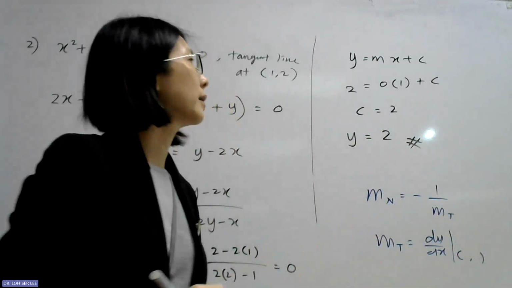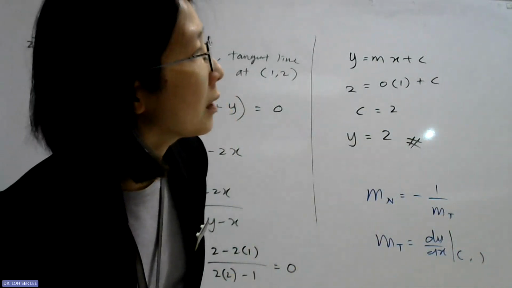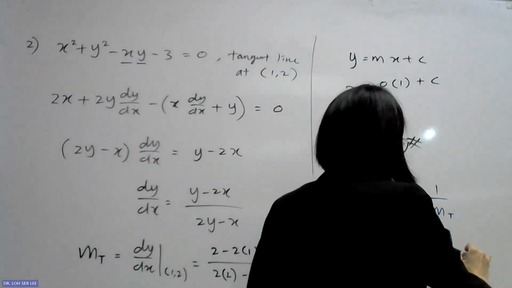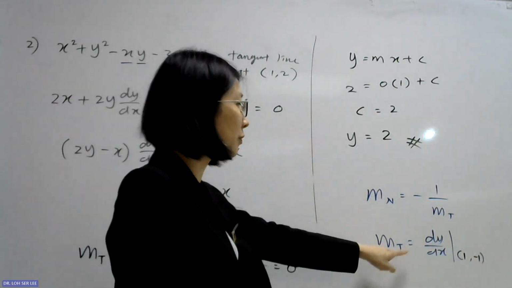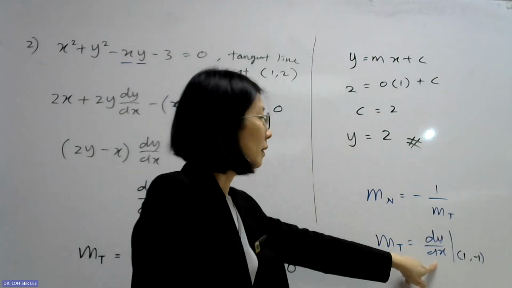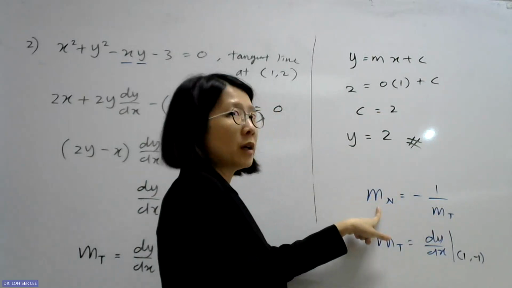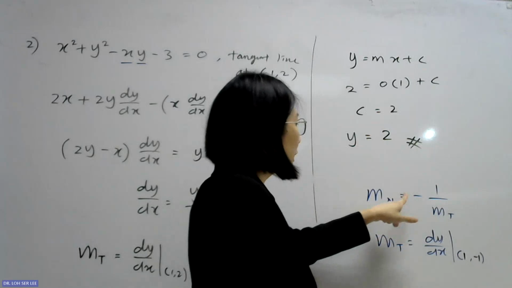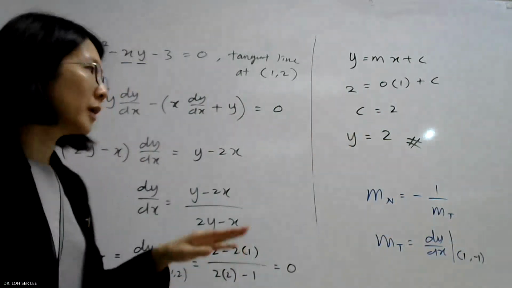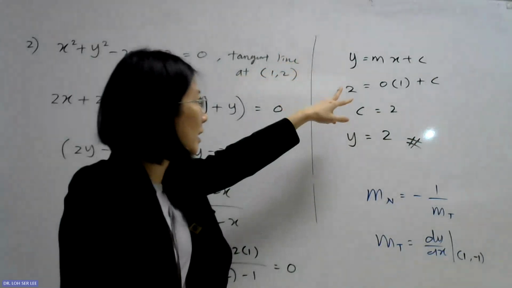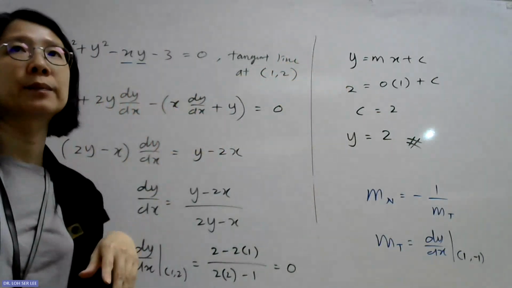For question number 3, the point is 1, -1. You have to find the mt first, then the slope of the normal line will be -1 over what you found here. Then use the same process to get y equals mx plus c.